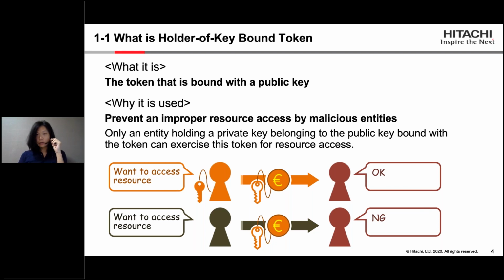It can be used to prevent improper resource access by malicious entities who can hold or steal others' tokens, because only the entity holding the private key corresponding to the public key that is bound with the token can exercise this token. So other entities cannot exercise this token.